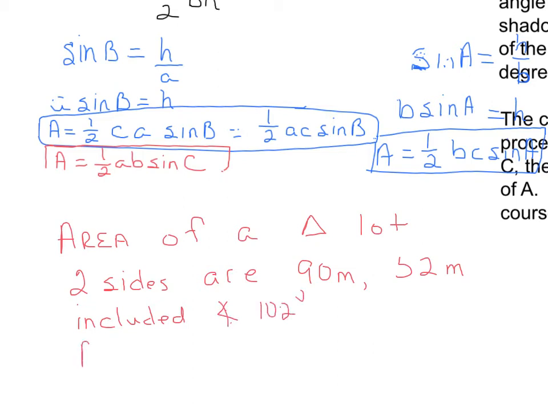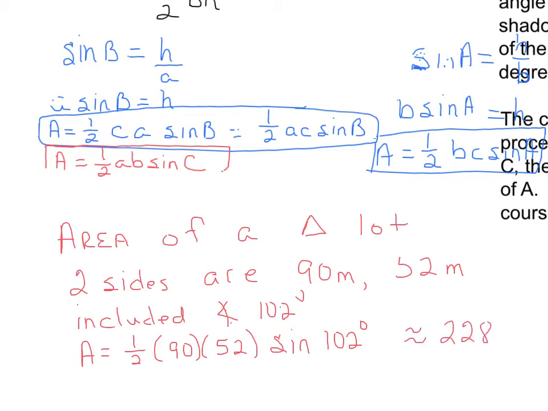Well, the area is half of 90 times 52 times the sine of 102 degrees, which is approximately, to the nearest meter, 2,289 meters squared.